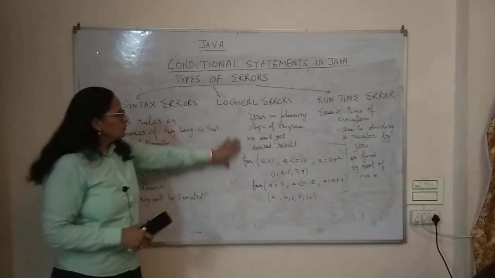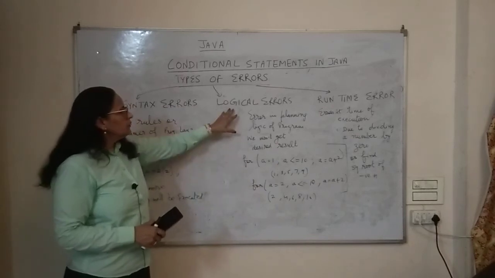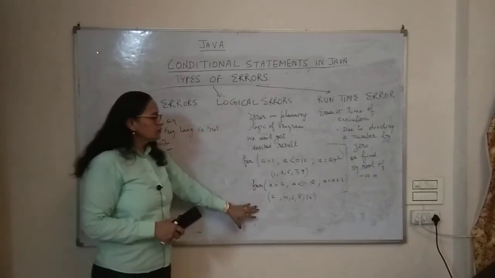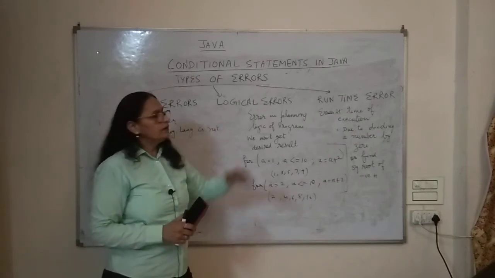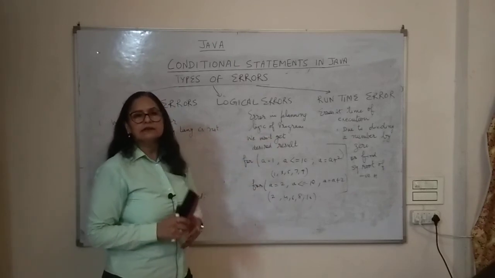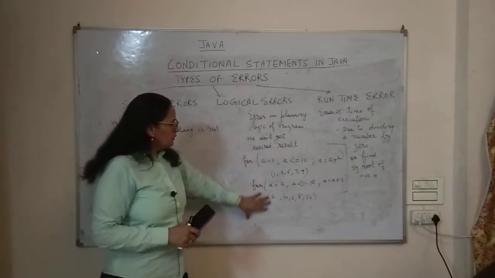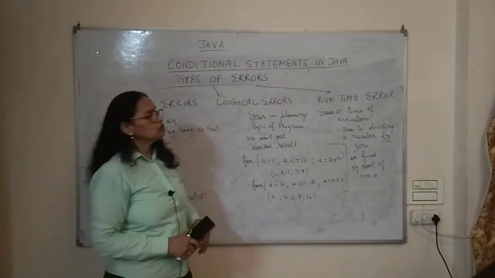So the program is going to give you a wrong result, but very clearly from the result we should calculate it manually also, and the programmer should see whether the result we wanted is the same result we are getting. So that's how we can remove the logical error.